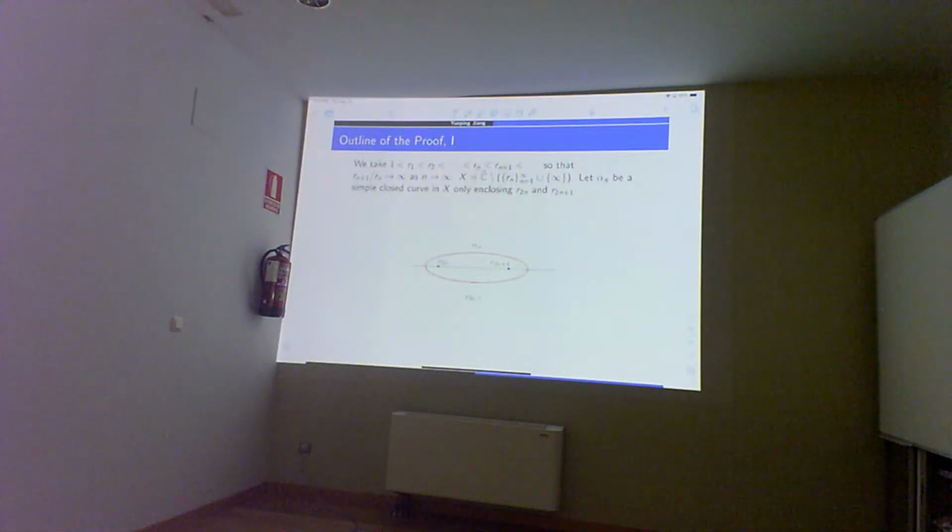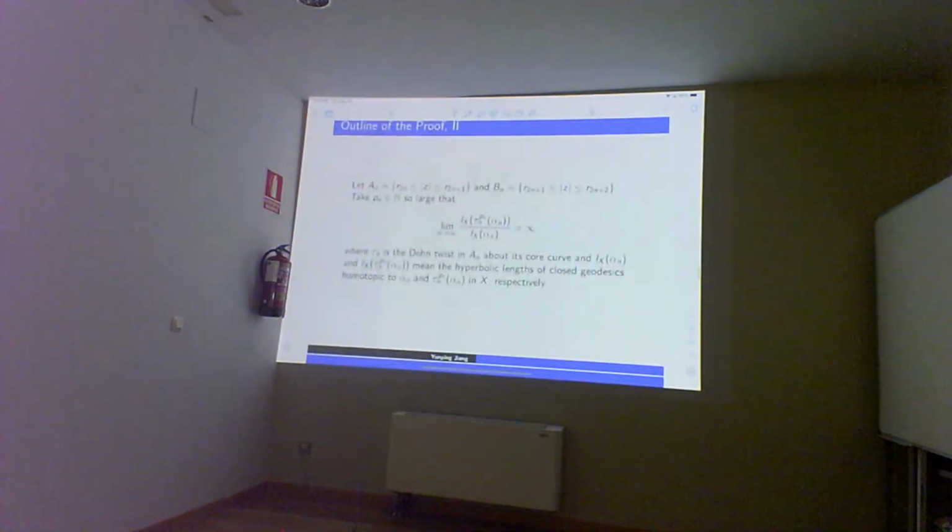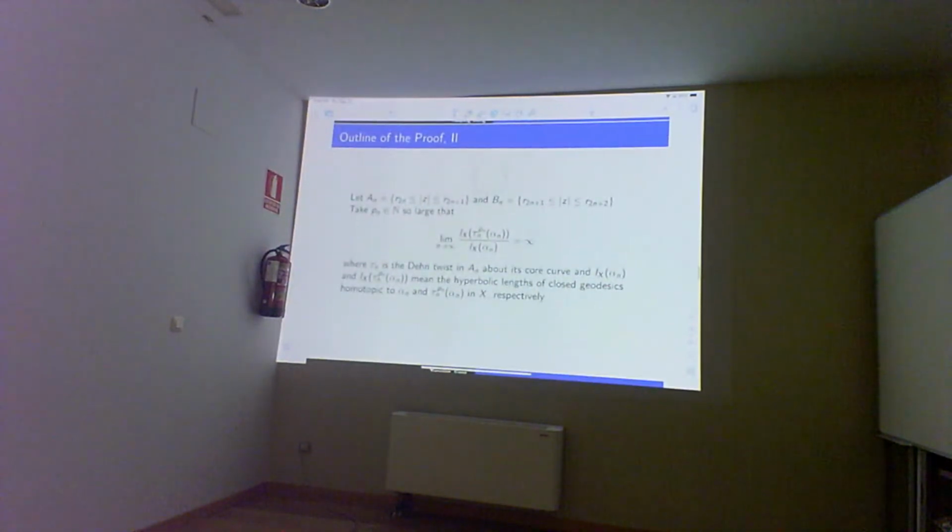Now we do the Dehn twist around the annulus. A_n is the annulus from R_2n to R_2n+1, and B_n is the outside, which is very big.